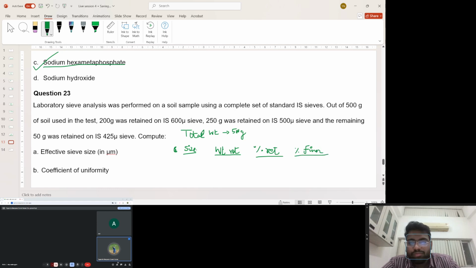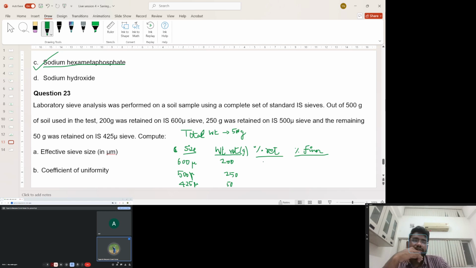First is the 600 micron sieve, second is 500 microns, third is 425 microns. Here the weight retained is 200 grams, then 250 grams, and 50 grams in this one.